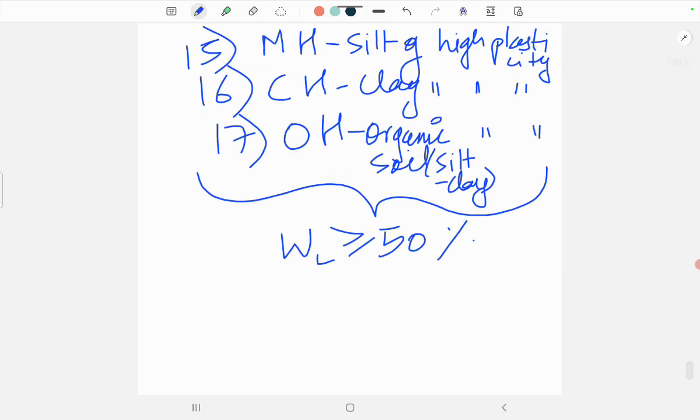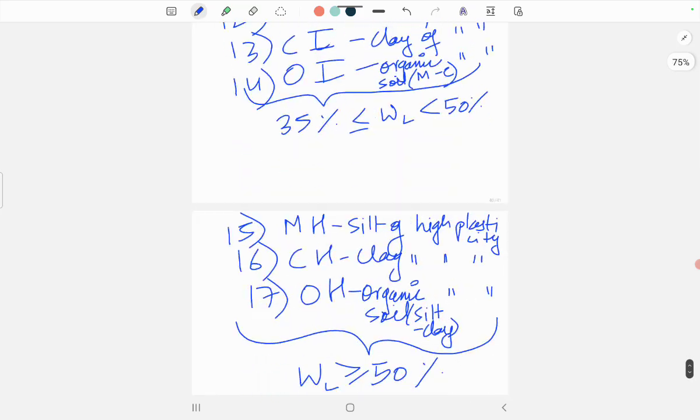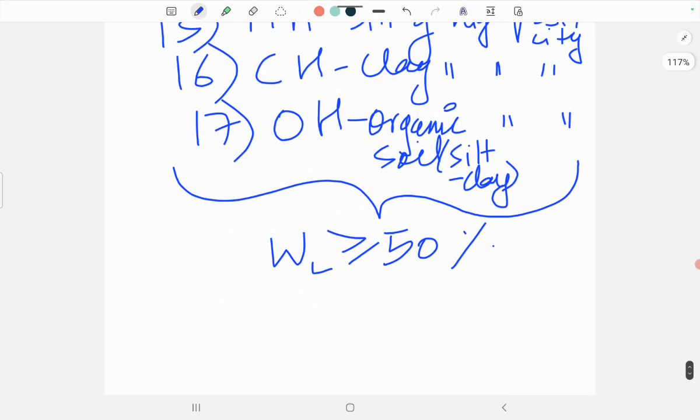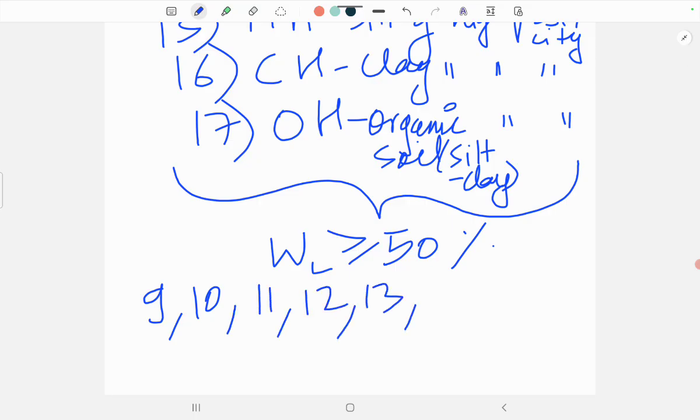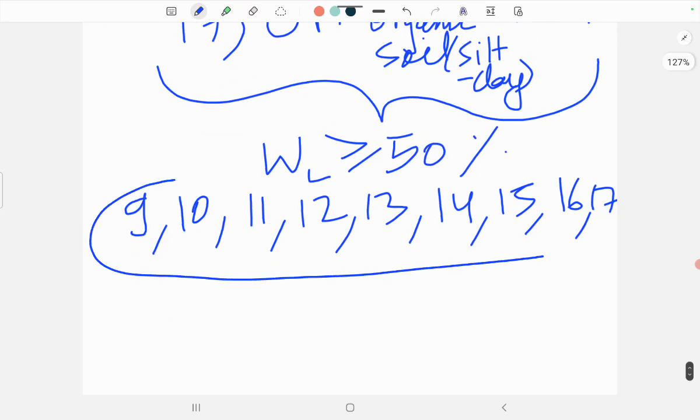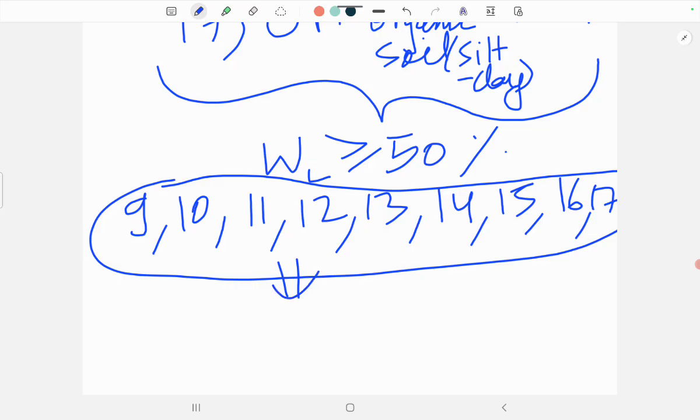And all these, 9 to 17, so 9, 10, 11, 12, 13, 14, 15, 16, and 17, have particles greater than 50 percentage passing through.